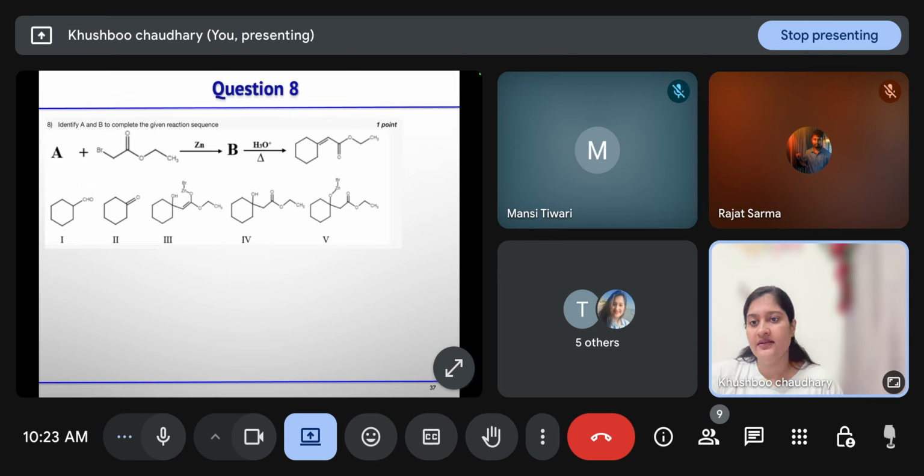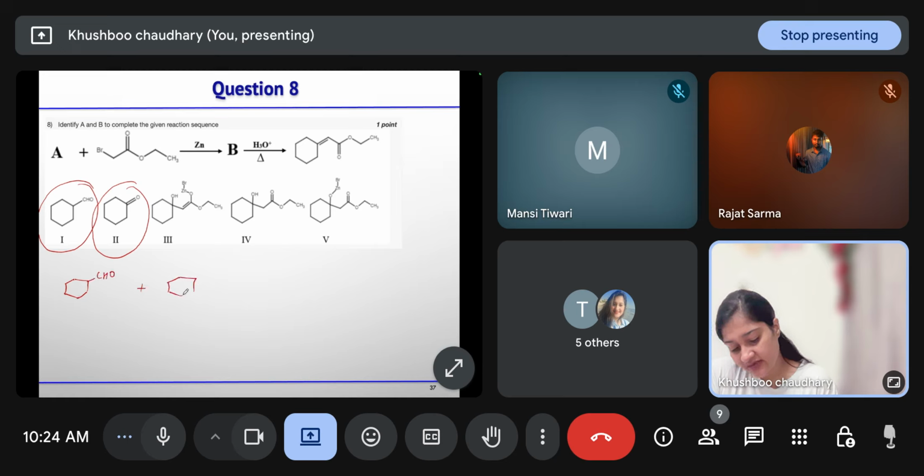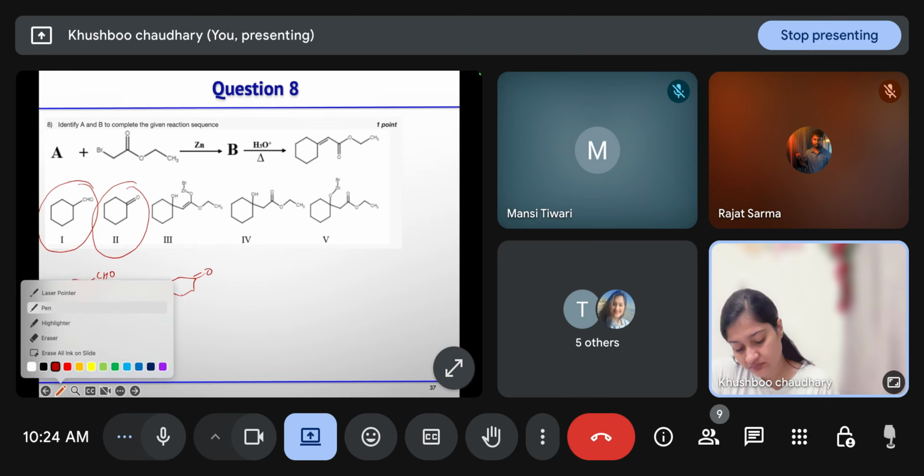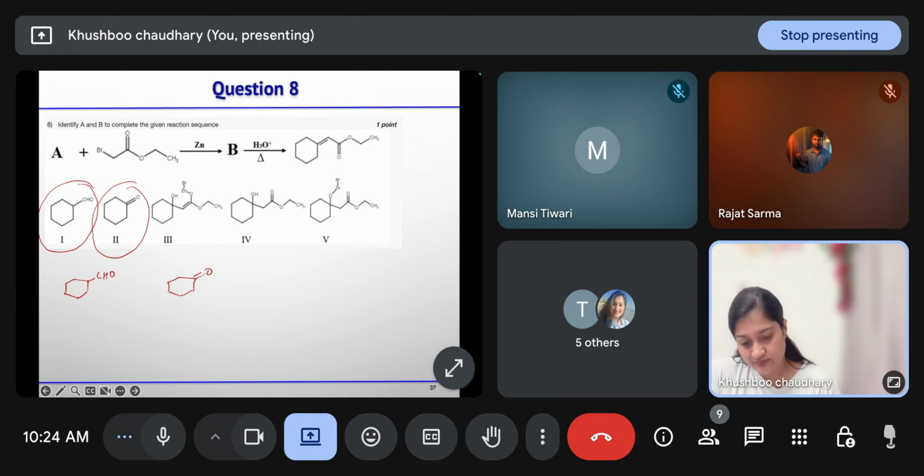Okay. Then identify A and B to complete the given reaction sequence. Now, A and B: between A, this first and second, whether your aldehyde will react or your ketone will react. So, what is the first step?